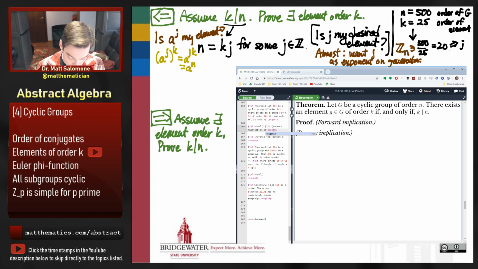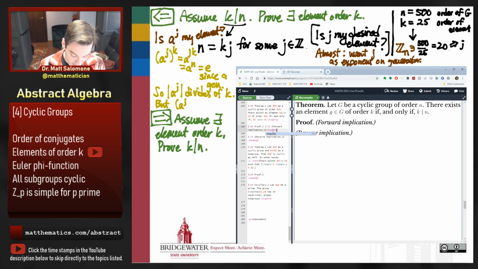But since a is a generator, a to the n is the identity. And therefore, the order of a to the j divides k. It's a factor of k.